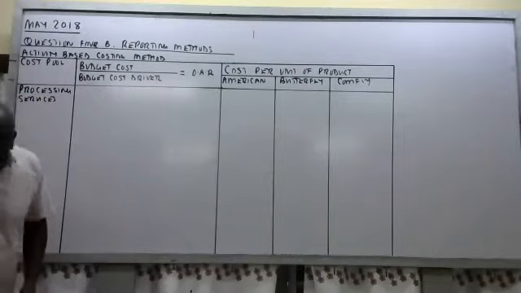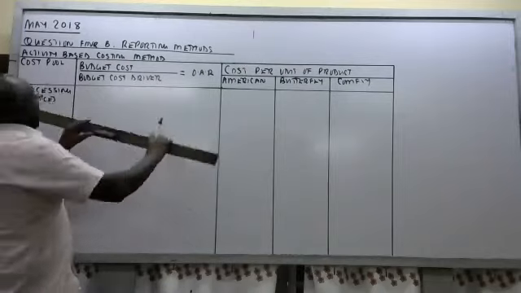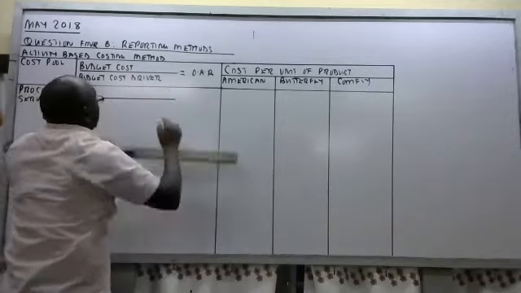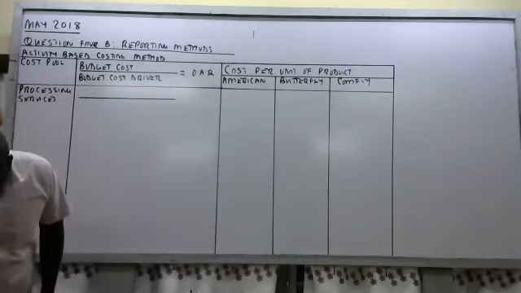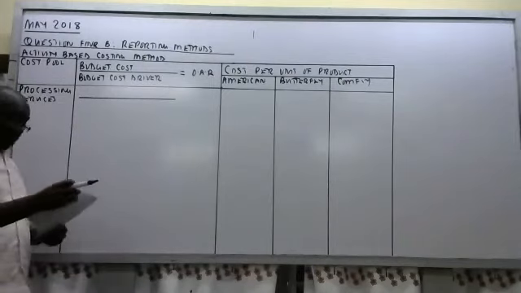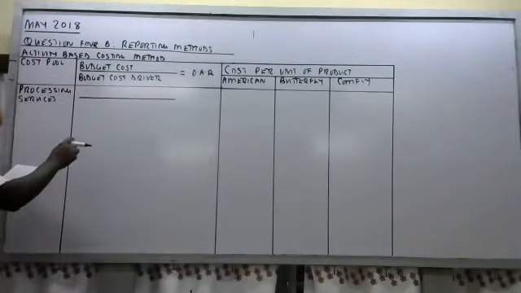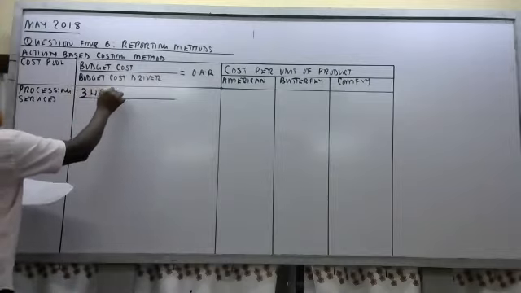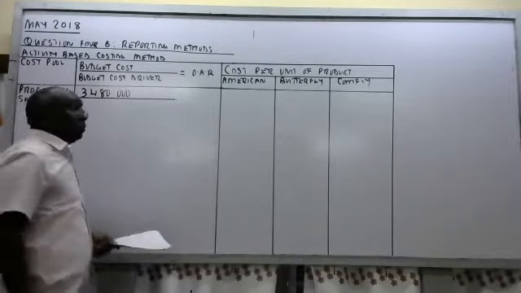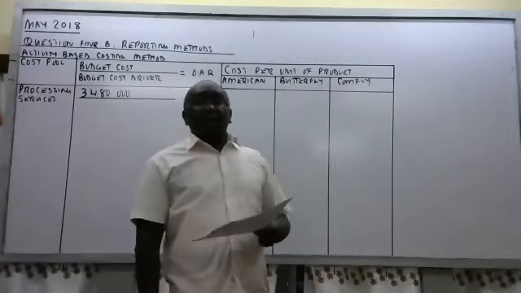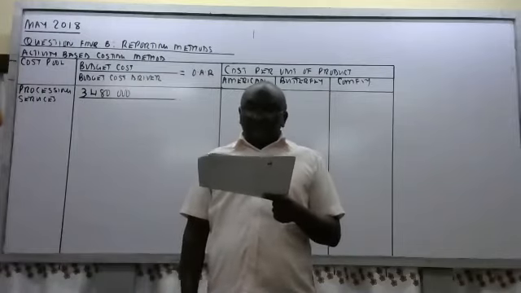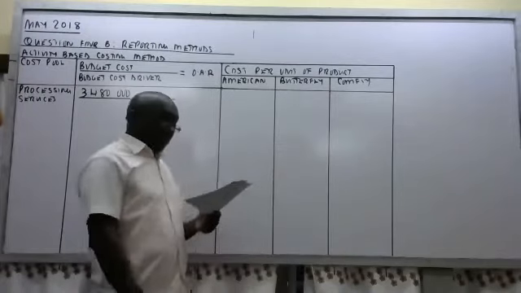So the processing services, the budget costs will be 3,480,000, and I want us to use the machine hours as the cost driver.